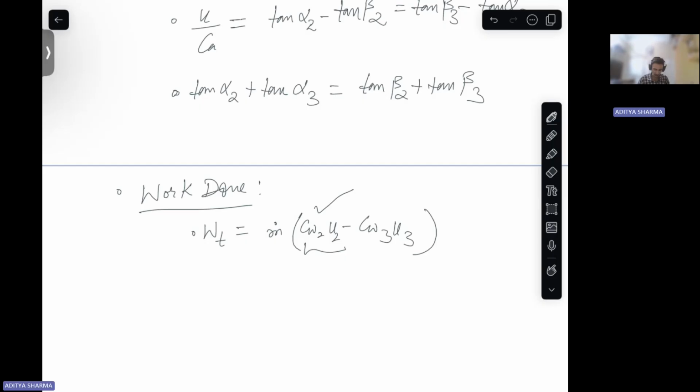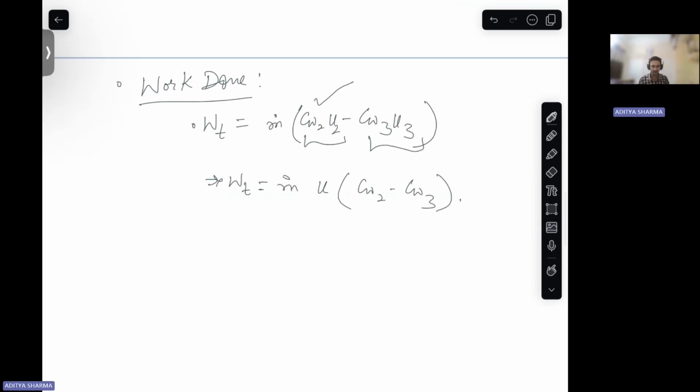That's why the first term will be higher than the second term. Okay. And here, because your blade velocity remains same, W2 is equal to this.